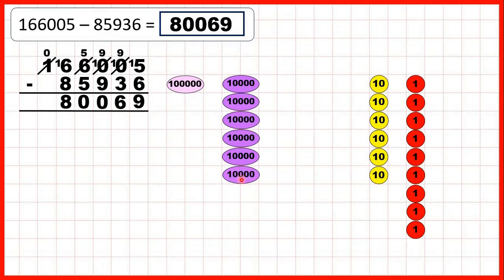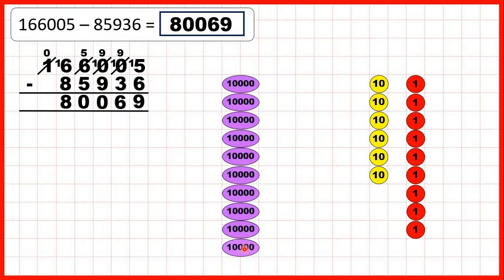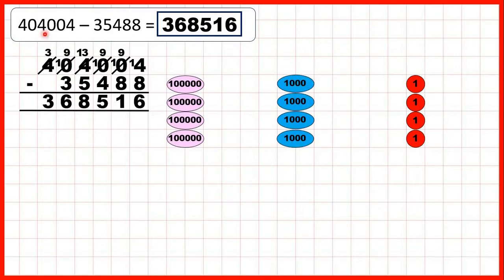We can subtract 1, 2, 3, 4, 5, 6, then take our hundred thousands counter and exchange. Then we can subtract 7, 8. So that leaves us with 8 as the 10,000s digit of our answer, and because we exchanged, we don't have any 100,000s. So our answer is 80,069.